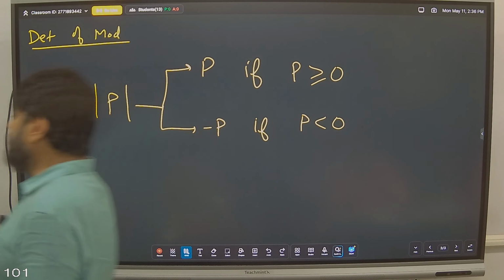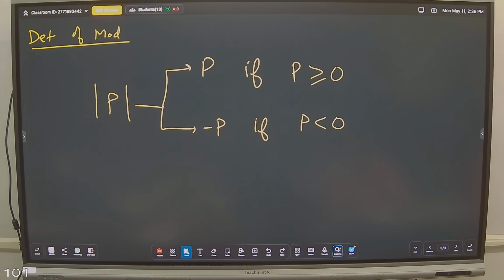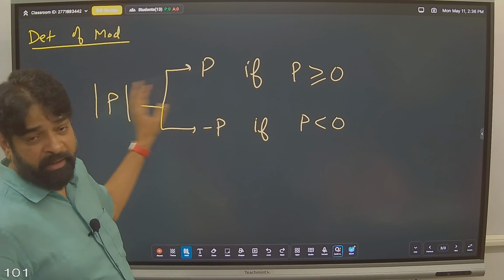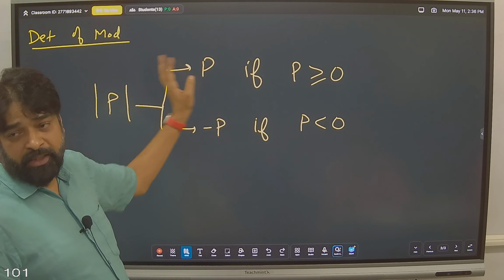But actually mod x value can be written in terms of x directly without cases. Right now I am making cases. If this is greater than 0, then this; less than 0, then this.